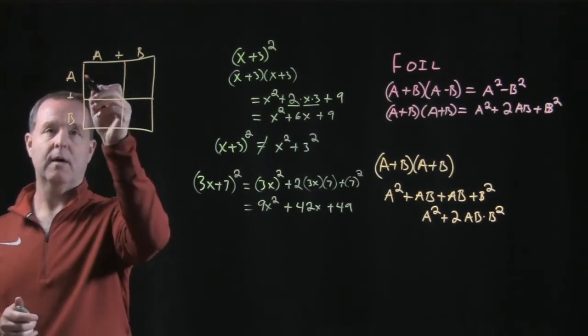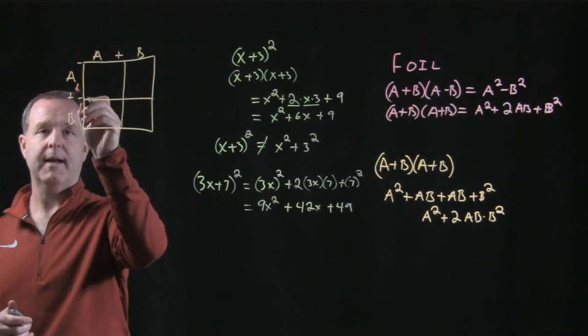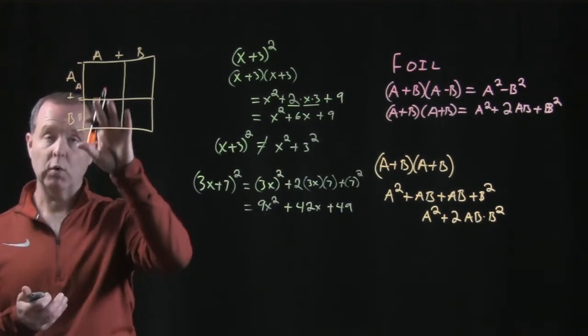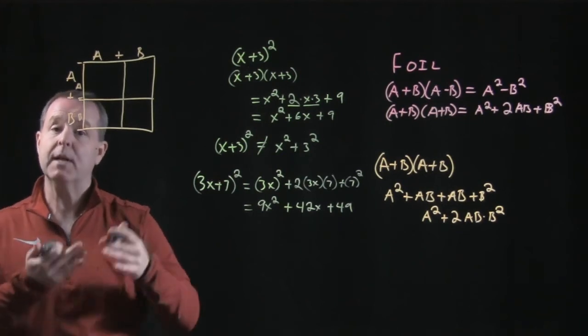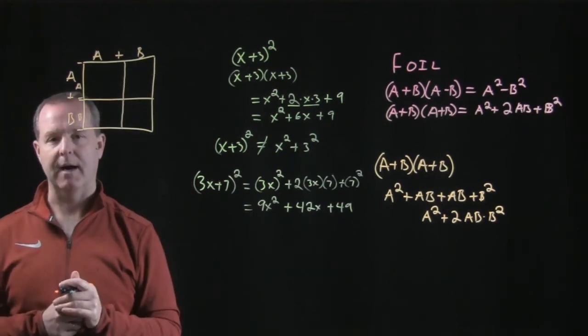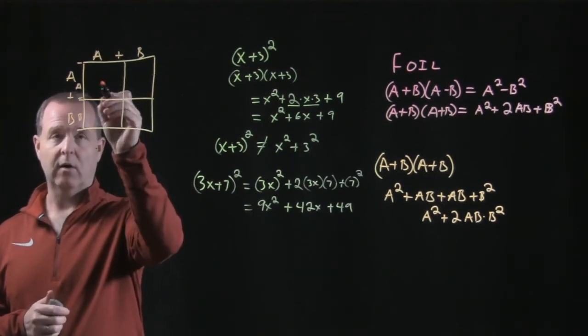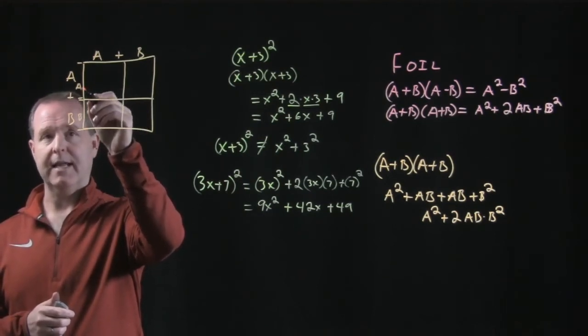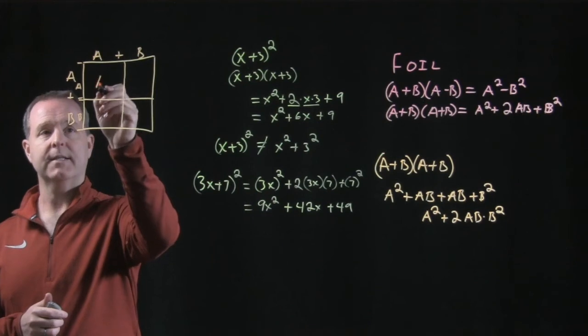So this first part, this distance from here to here, represents my A. This distance from here to here represents my B. The whole distance obviously represents the A plus the B. And likewise on the top. So what's the area of this first square? Well, it's a length A by A, so it makes an A squared.